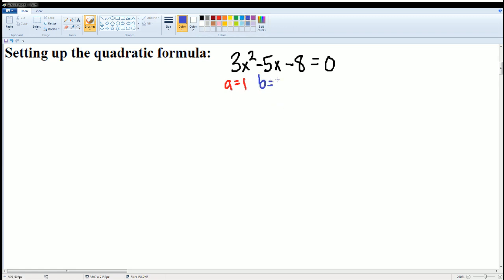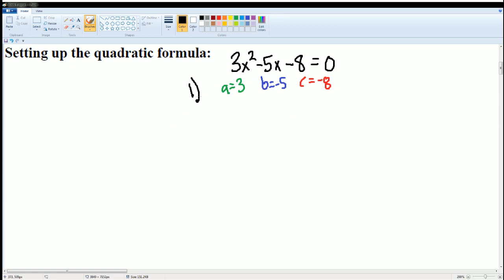B equals -5. And C equals -8. This is the first step, to get A, B, and C.